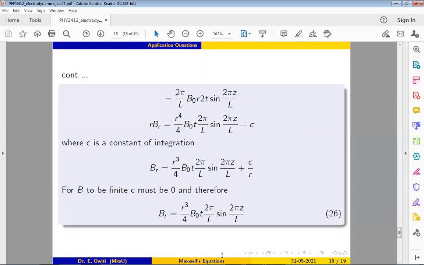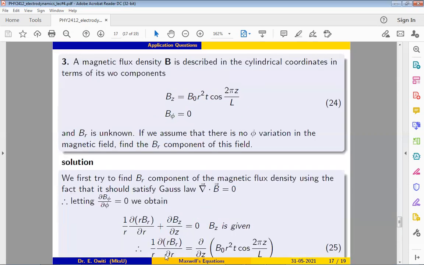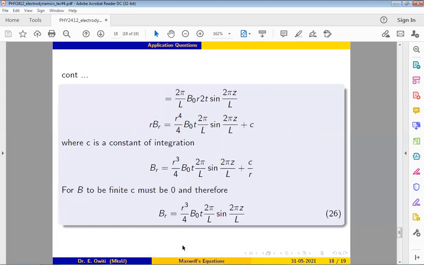Because for you to get BR, you must integrate in the final stage with respect to R. If you did your calculus well, you should understand what I'm saying. You are making BR the subject, so you need to integrate at some point because you have a derivative with respect to R. So you do that and you get your R component of the magnetic field vector as what you can see there.